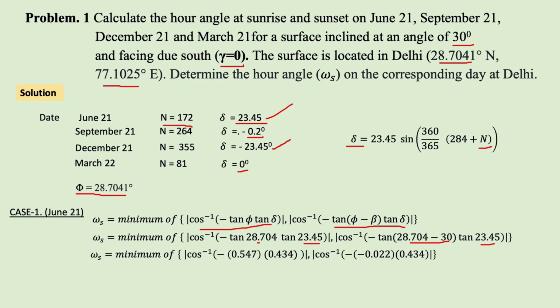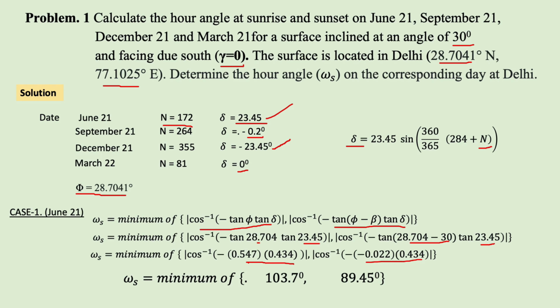If we resolve it further, we have the values of the tangents of delta and phi minus beta, and when we multiply these numerical values, in this case the minus becomes plus, and we get a cos inverse value, and here we have a cos inverse of a minus value. When we resolve it, we get the minimum of 103.7 degrees and 89.45 degrees.